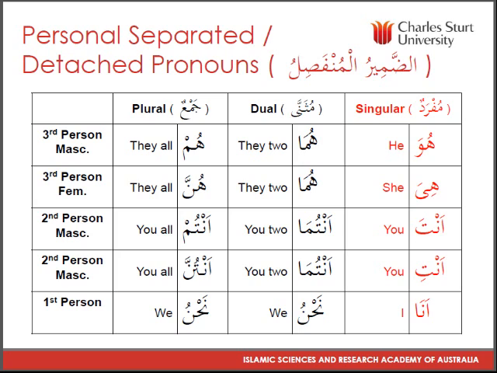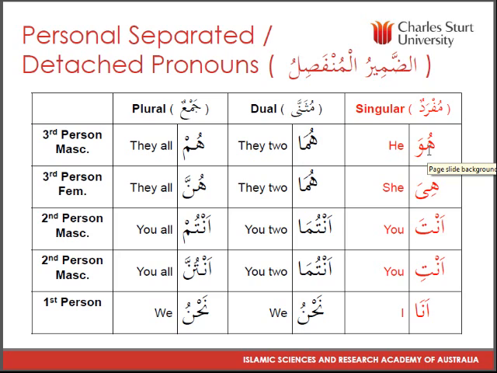Also we'll learn that there are third person, second person, and first person. But today we will talk about only huwa, hiya, anta, anti, and ana. Huwa means he, third person, not present, masculine, singular. Hiya means she, third person, again, feminine, singular.